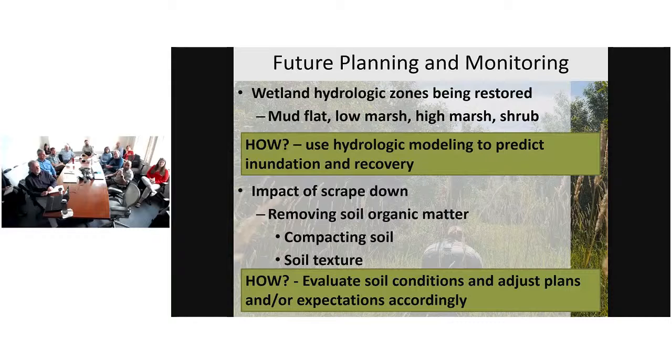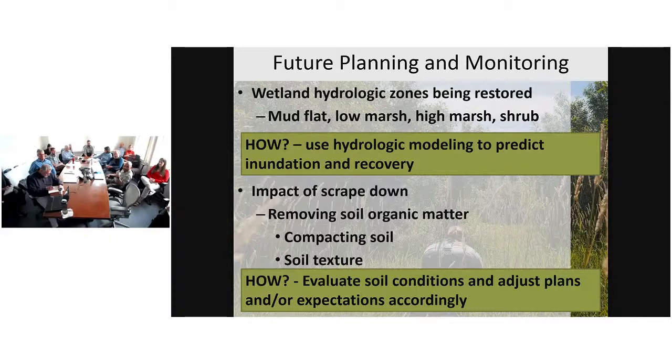So in relation to soil scrape down, keep in mind that removing soil organic matter and compacting the soil really influences how quickly native plants are going to return to the area. So at a lot of sites we've been to where there's been extensive soil scrape down, it's taken at least a minimum of 3 to 5 years before we even see the sustained establishment of native vegetation.